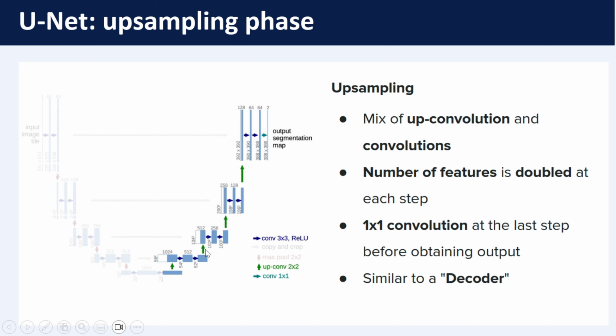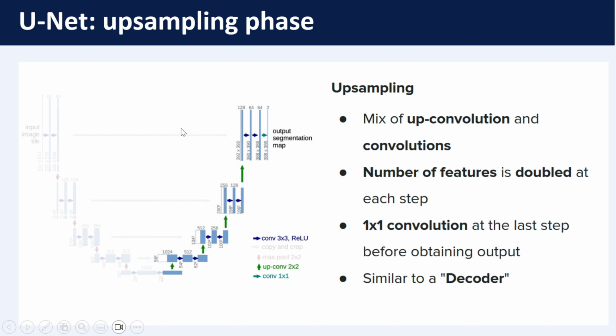If you can see, the channels are being divided by 2 in the upsampling, and the image size is being multiplied by 2.